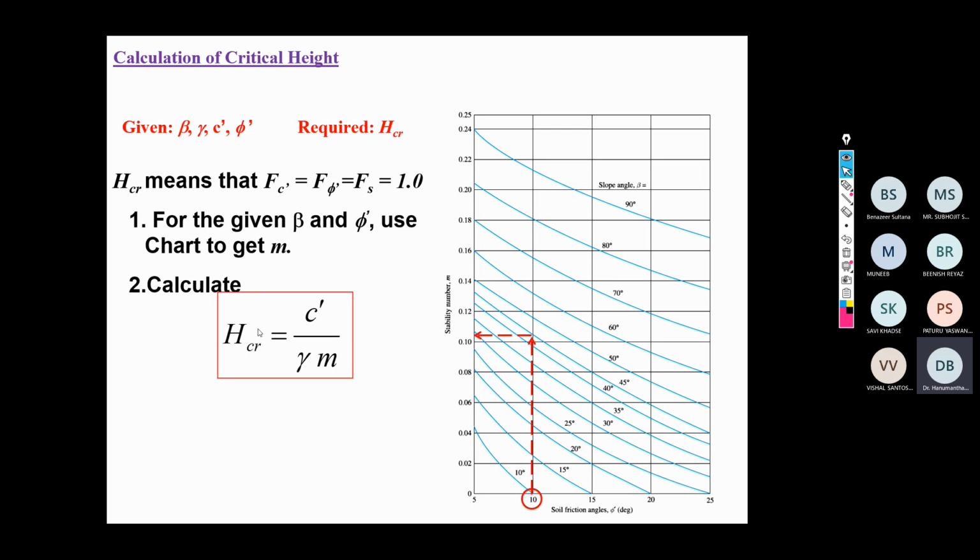Once I know the stability number, which is M equals C by gamma H, but here H is H critical, which is to be determined. If you rearrange the equation, H critical is C dash by gamma into M, where M is determined from this chart and C dash and gamma are already given. So simply calculate the critical height.